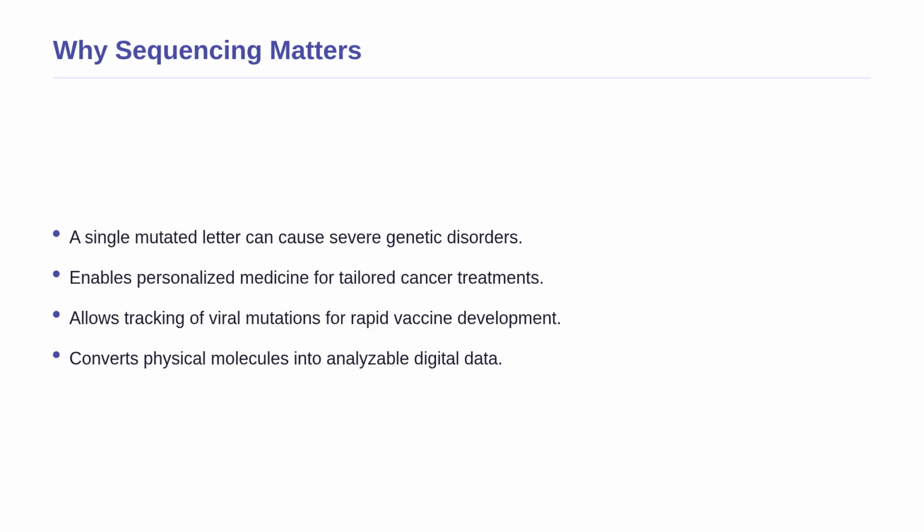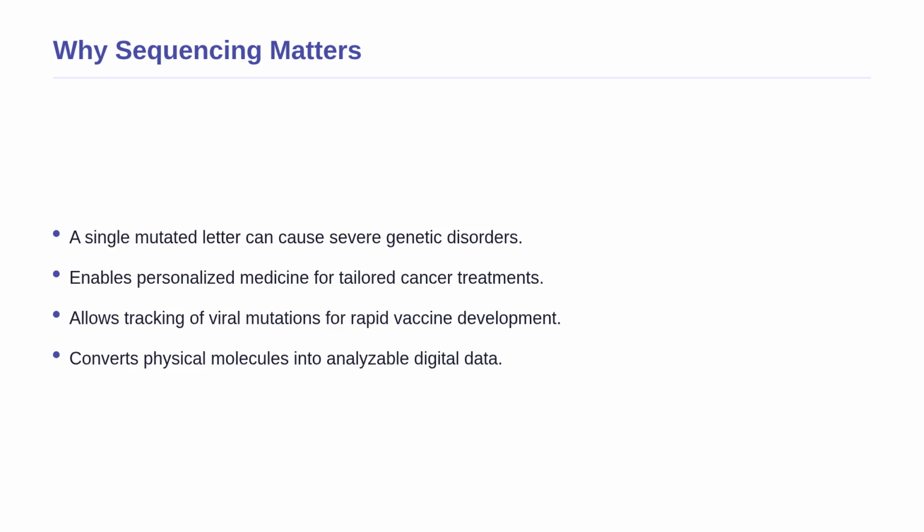Understanding this primary structure leads us to a critical question. Why does reading this biological text matter so much to us? The sequence of these molecules holds the key to understanding health, disease, and evolution. If even a single letter in a gene sequence is mutated, it can cause severe genetic disorders like sickle cell anemia or cystic fibrosis.